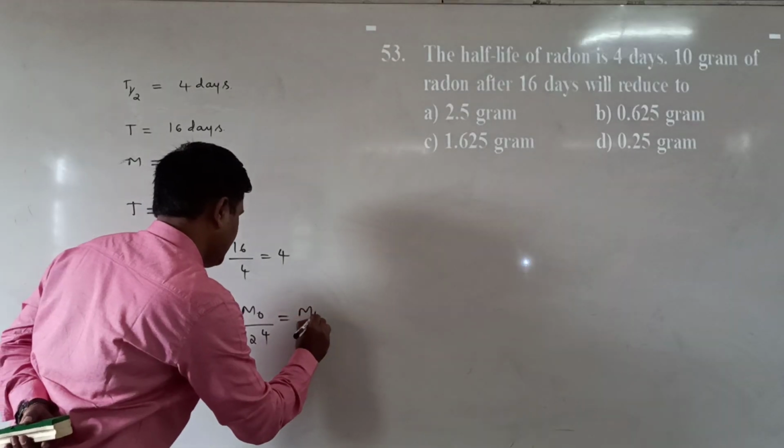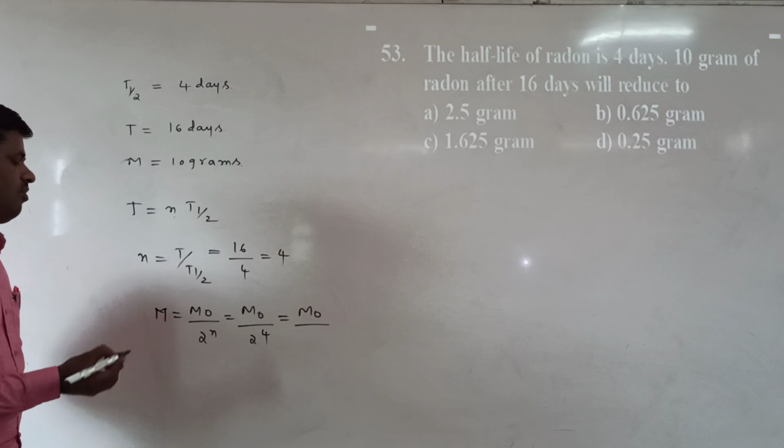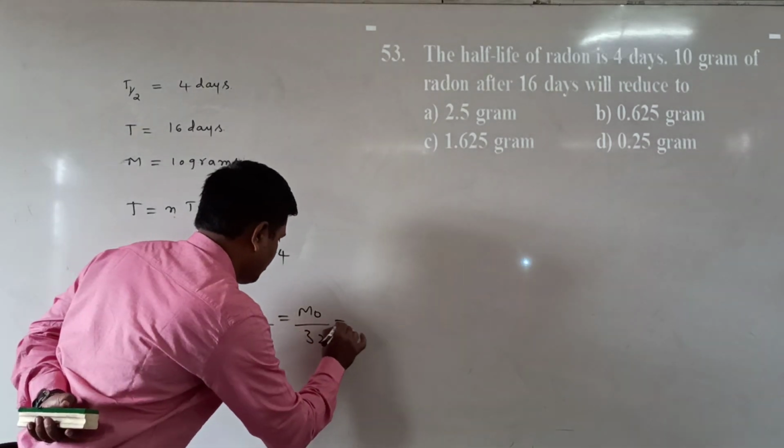Now 2 to the power of 4 means 2 to the 4, 4 to the 8, 8 to the 16. So 2 to the power of 4 is 16. Now what is the M naught value?